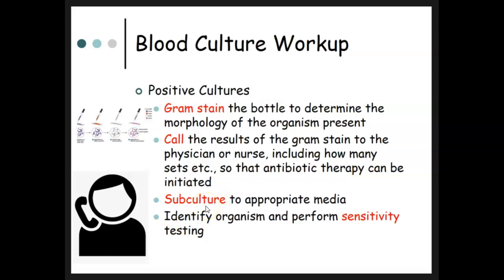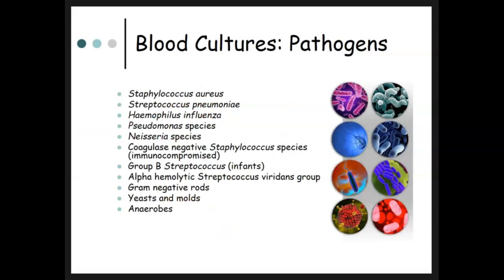So then you subculture, you take a needle and syringe and you remove some of the blood from the blood culture bottle, and you inoculate blood, chocolate, definitely a blood and a chocolate, subculture that, and then grow that up, incubate overnight, so the next day you can do ID and sensitivity.